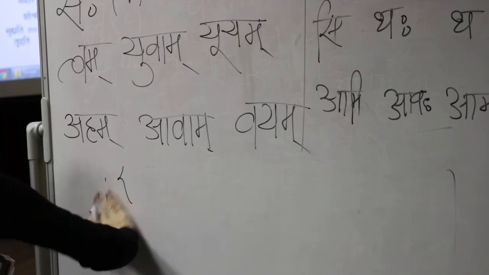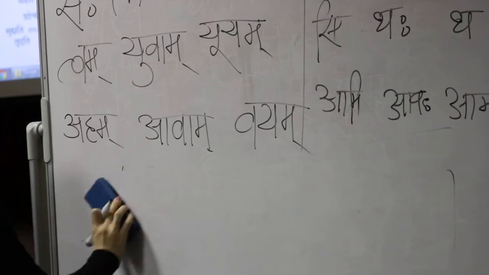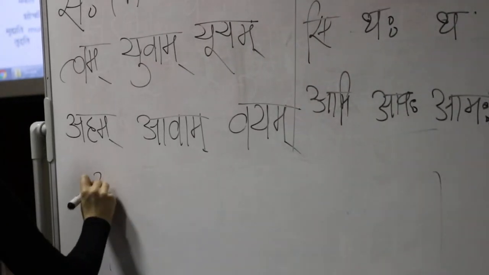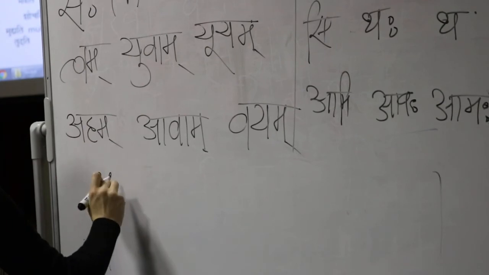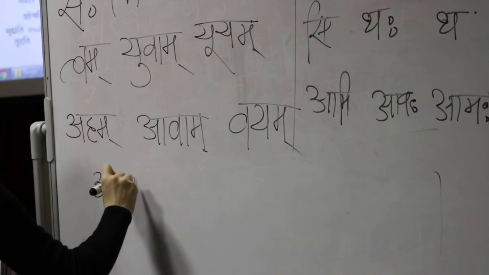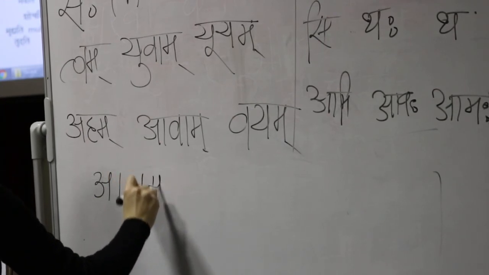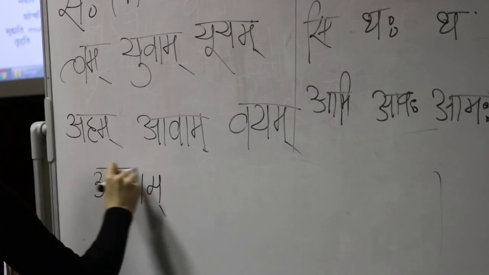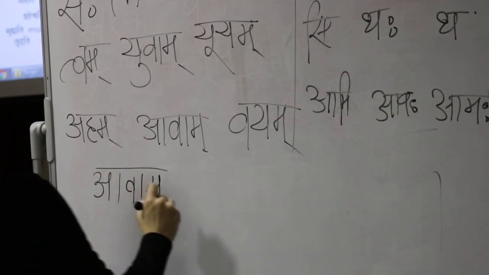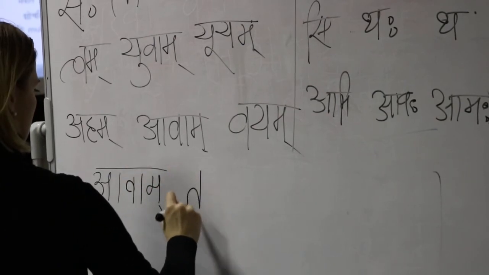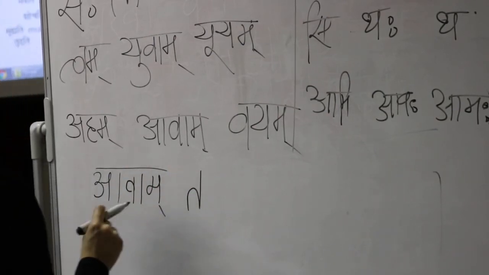Нас двое сначала напишите. Now comes the verb. Verb is tara. And now what will you write, глагол в нужной форме.